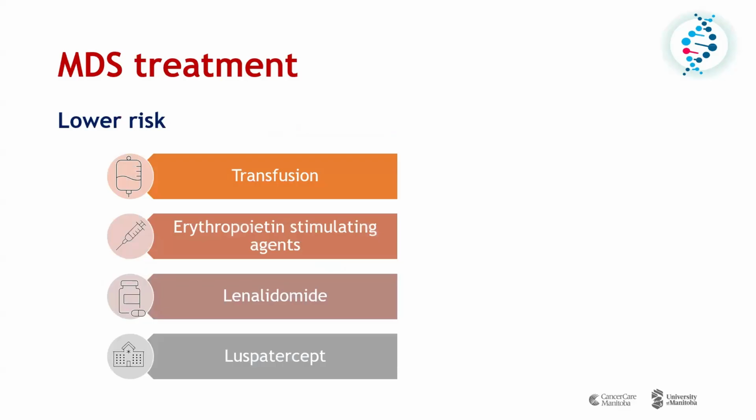So I thought we would go through some of the more common treatment options for lower risk MDS. I also think it's important to clarify that intervention in low risk MDS does not modify disease evolution.